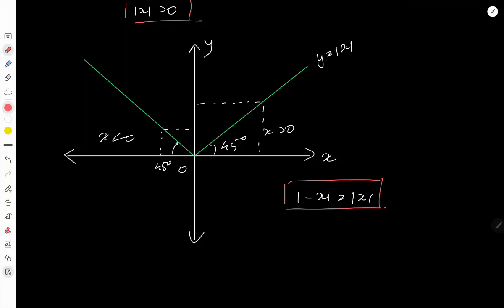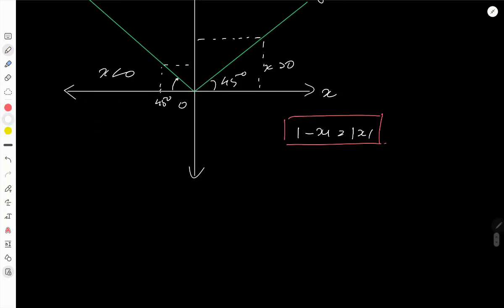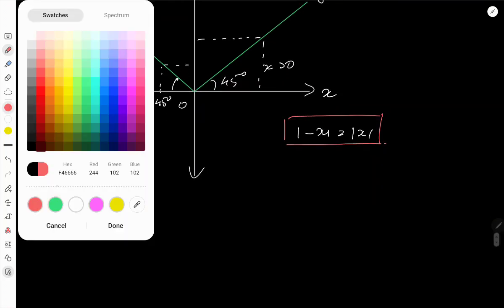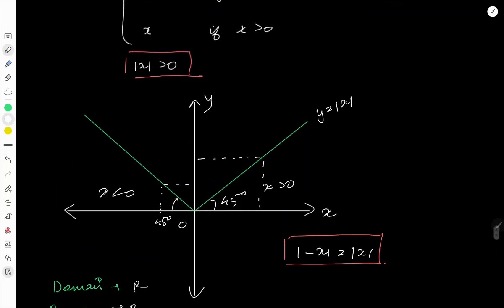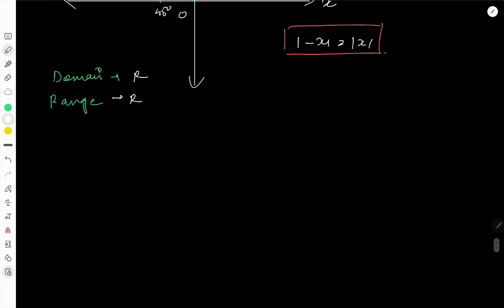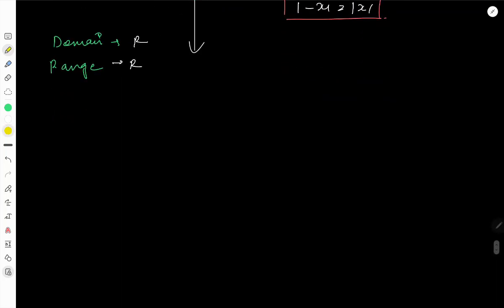Okay, so now let us discuss the domain and range of the function, because domain is important. It takes all real numbers as an input and gives non-negative real numbers as the output. So this is the domain and the range. Now let us discuss the next function, and that is the greatest integer function.